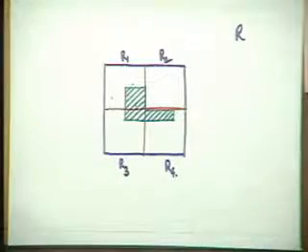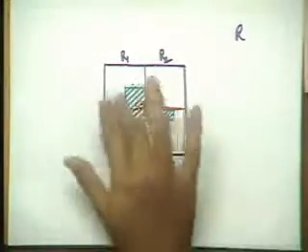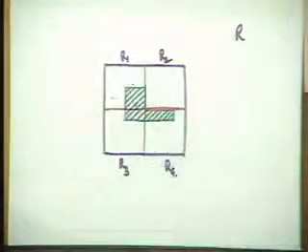Now I examine individually whether R1, R2, R3 or R4 fulfills that property. What do I find? None of them, except R2.